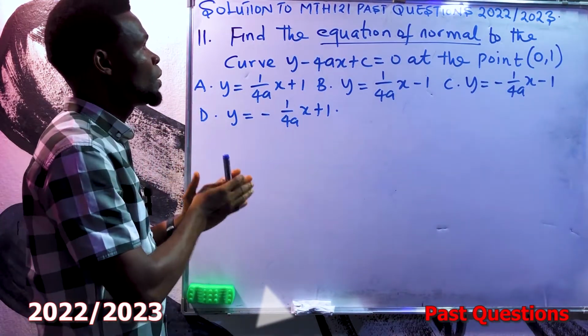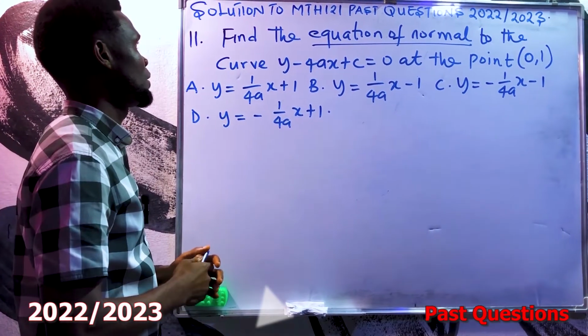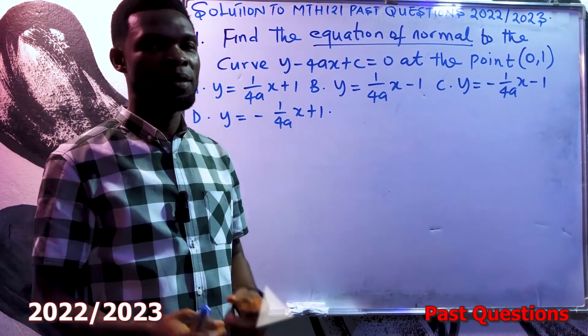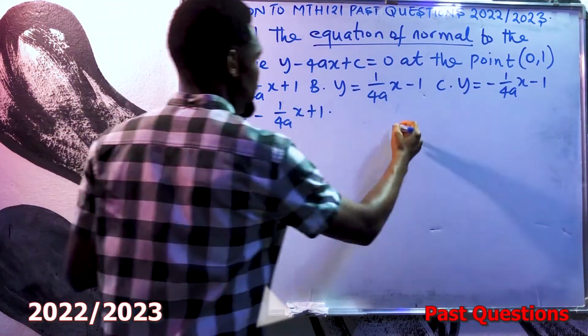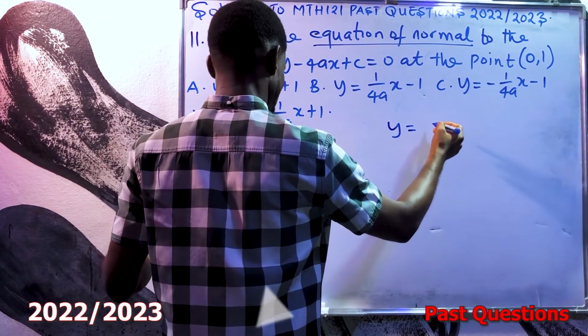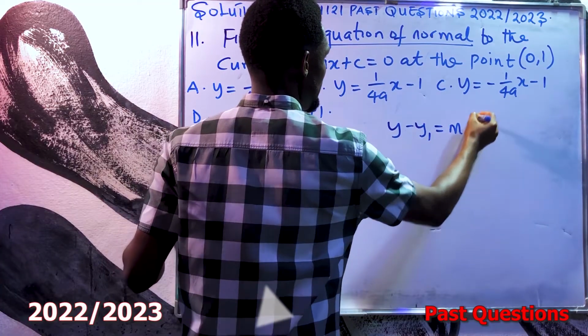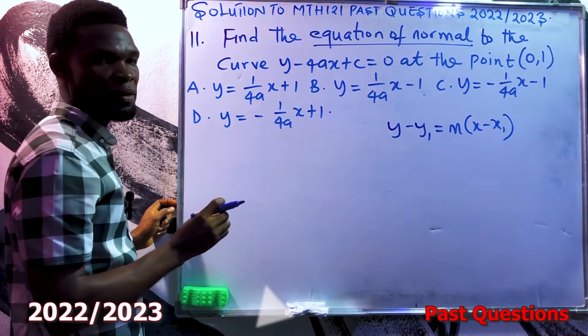Since I'm looking for the equation of normal, what is the formula for finding the equation of normal to a curve? Please note, y minus y1 equals m into x minus x1 is the equation of tangent.